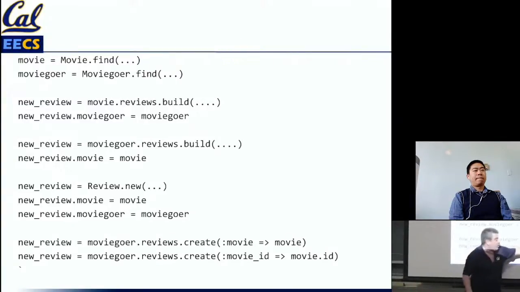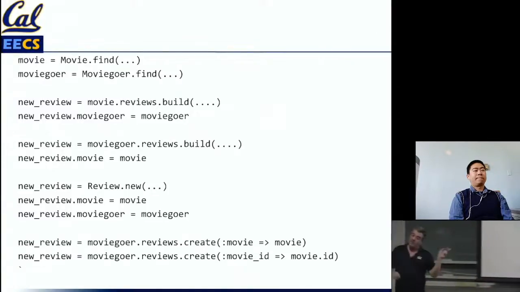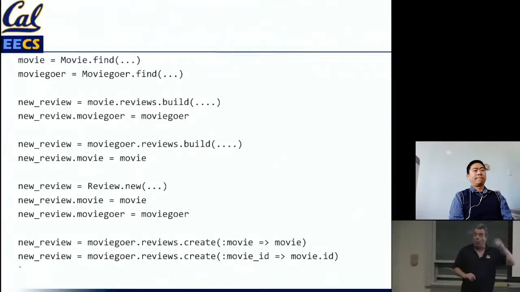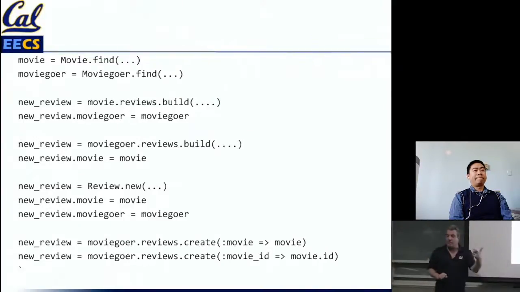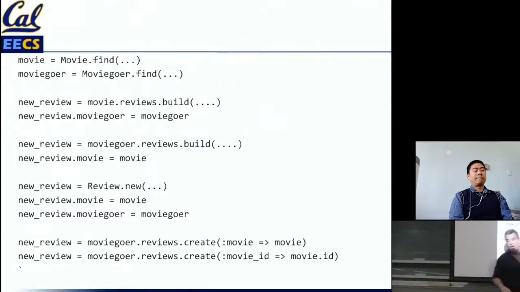The issue with doing a create, which causes an immediate database save, is if you remember last time we talked about validations, one kind of validation that you can declare is for a review to be saved, it must be associated with a moviegoer and with a movie. If you have set up your validations to say that, then this will fail, because at the moment of trying to save it, you're missing one of the foreign keys. But if I used build instead of create, and then I did a separate save step, then it would work.